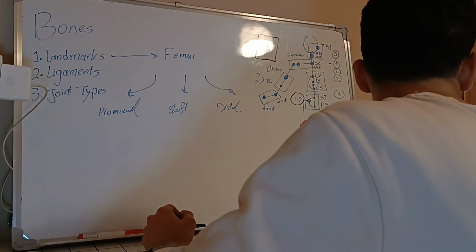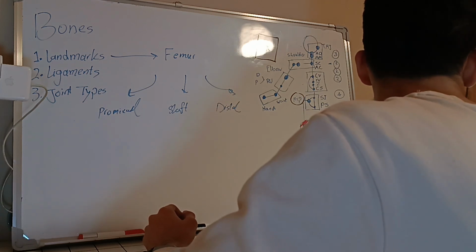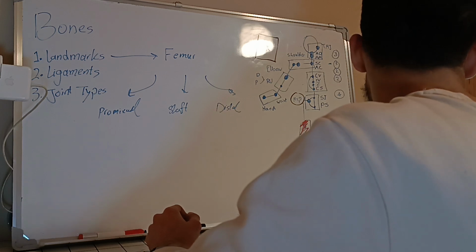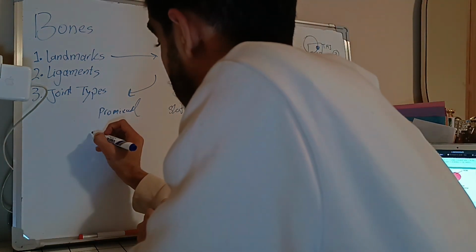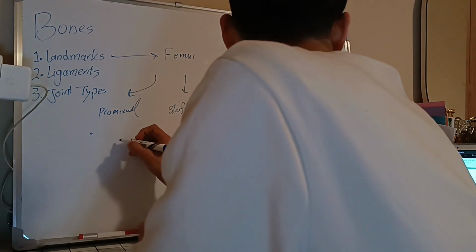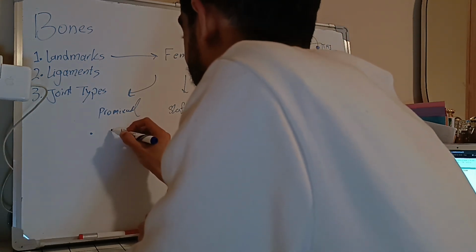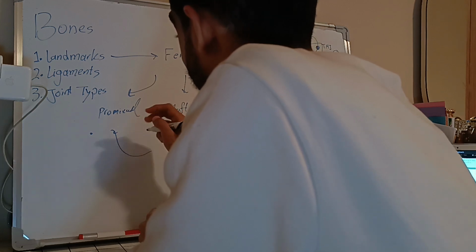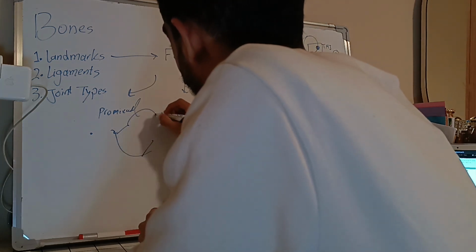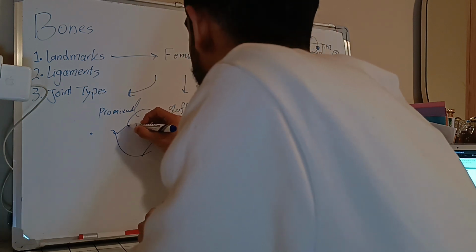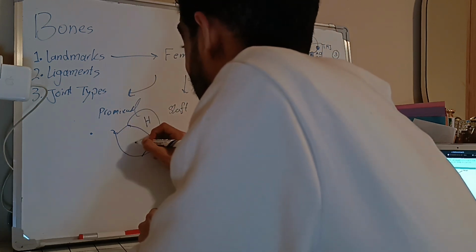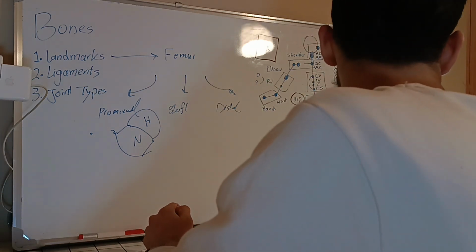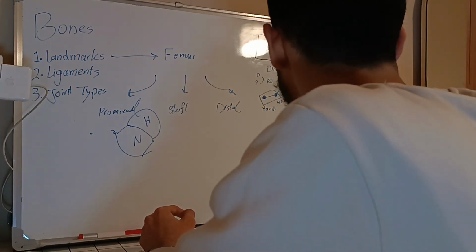These are very easy places to identify. There's the head and the neck, as well as the greater trochanter and lesser trochanter.